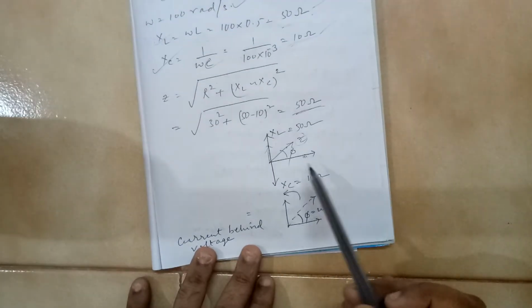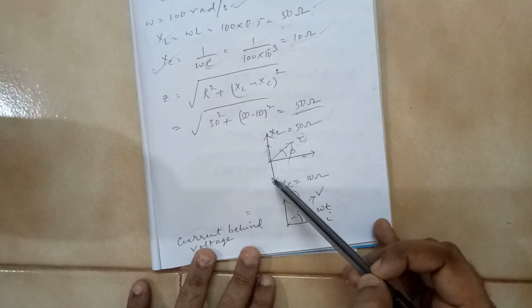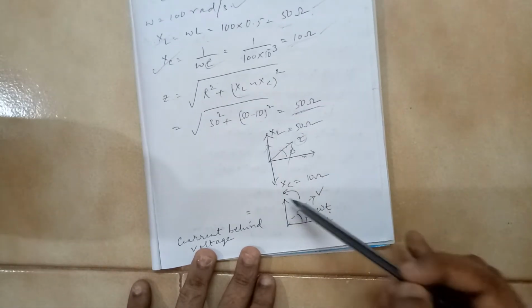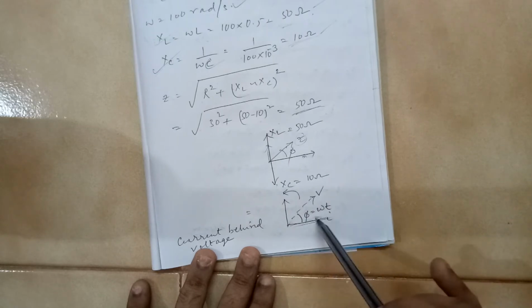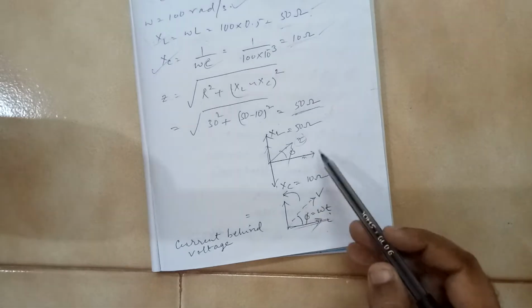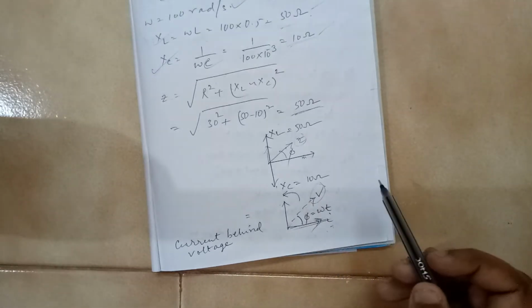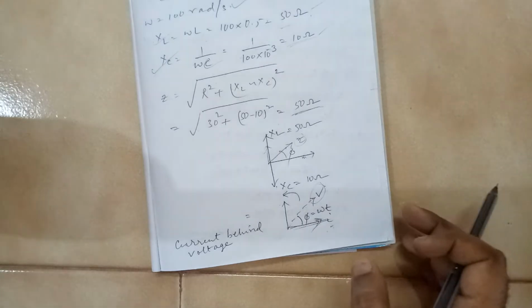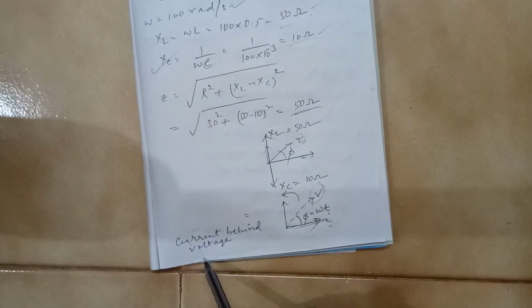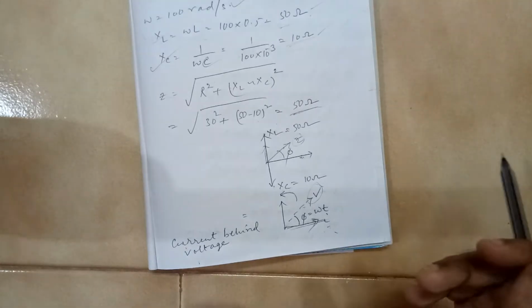You see, XL is 50, XC is 10, so net 40 is going up, and this is the I, assuming it to be the x-axis. So you get a phi value here. This voltage is ahead of current by phi value, 5 degrees. Okay, current is behind voltage or voltage is ahead of current, you can say either.